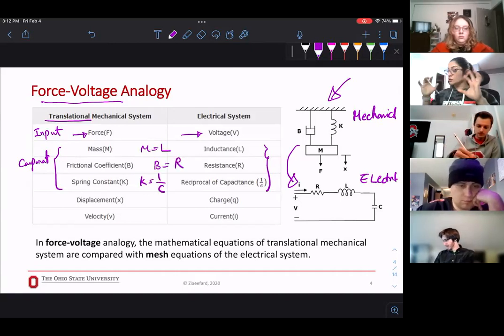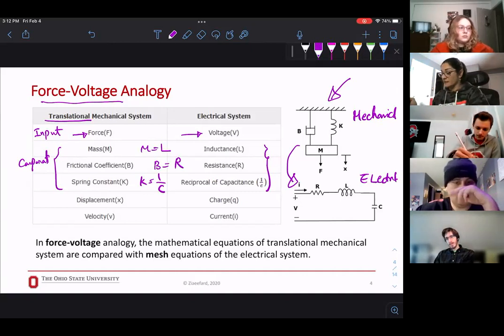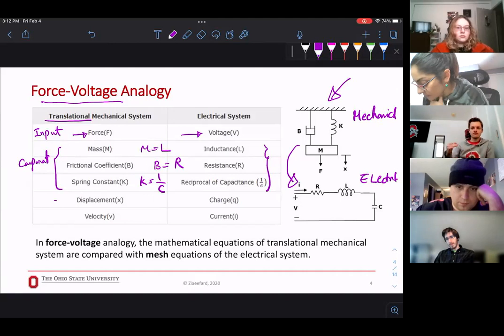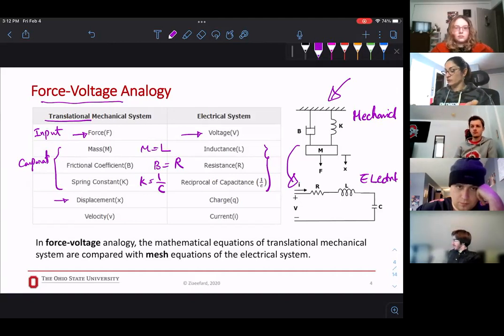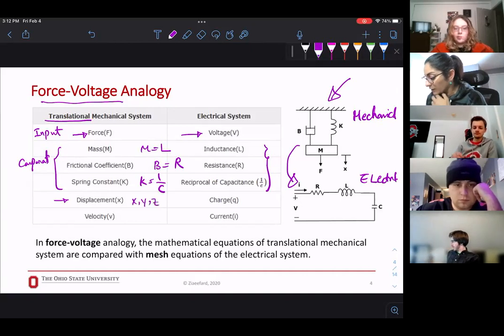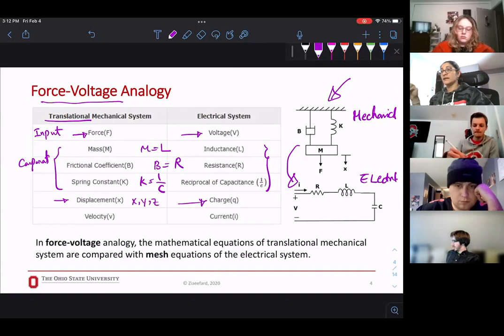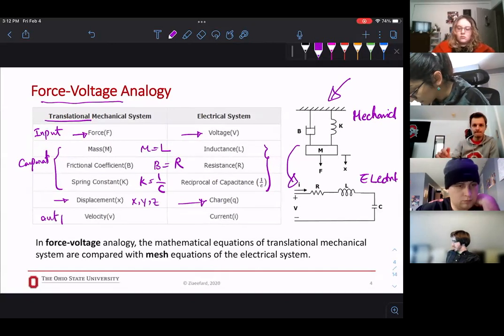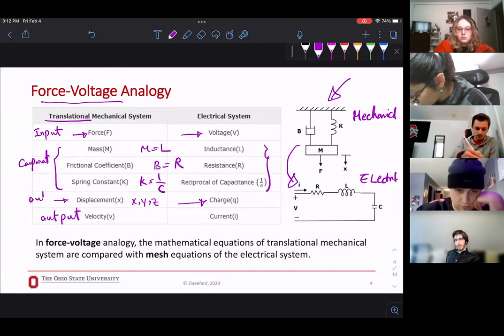So when you are using one system's equation to convert to another, you can easily do that. Then your displacement, usually something that you're looking for, either X or Y or Z, whatever we call it, will be charge Q in the electrical system. Velocity, let's say either of these are your output, right?